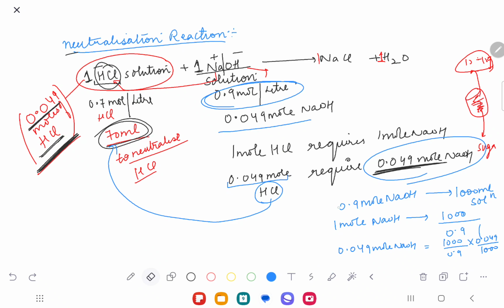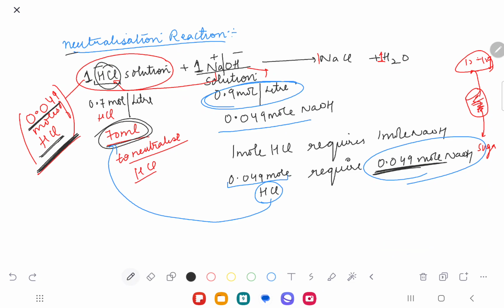Again, if you're not understanding this part, an easier version for this also I can tell you, which you would get straight into your head. You will write it down this way. Do you know that total moles is equal to concentration into volume?